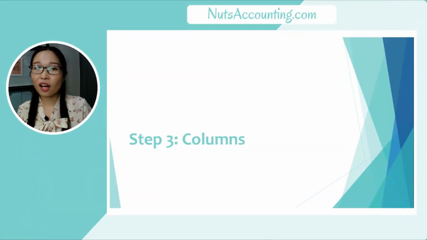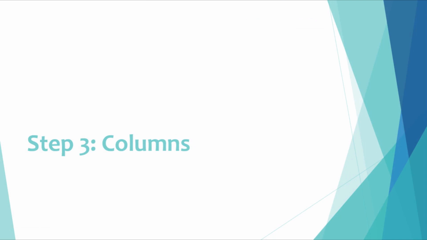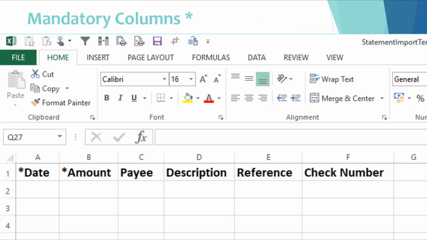Step 3, columns. In this step, there are mandatory columns that must be in your CSV file, which are already highlighted with an asterisk at the beginning of the column header. So here, which is the date and the amount.